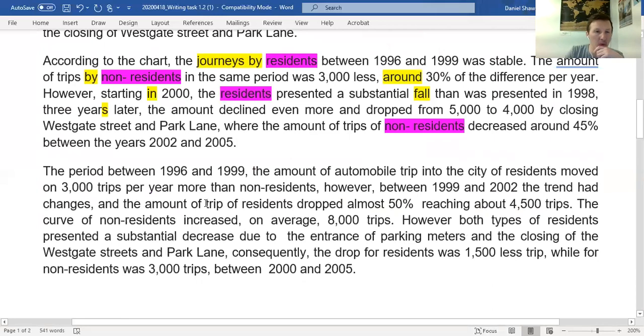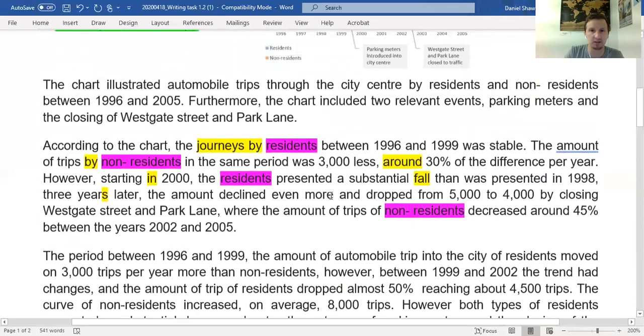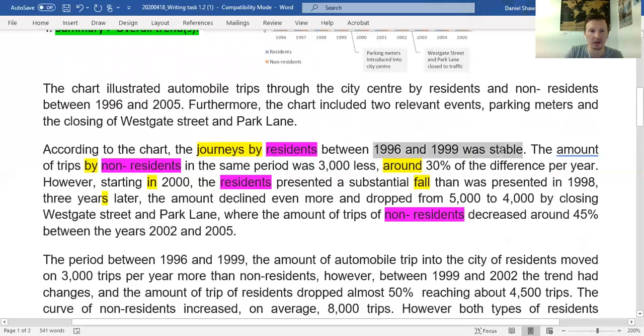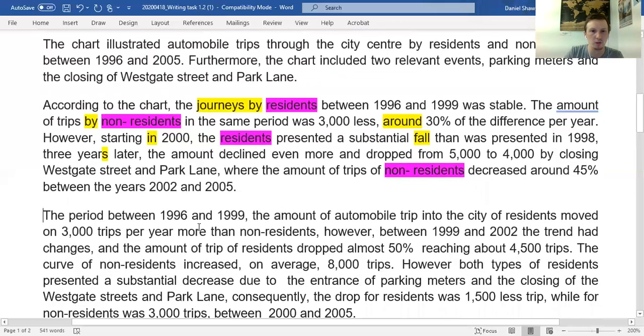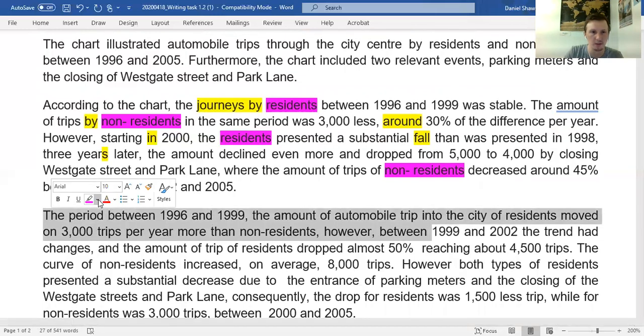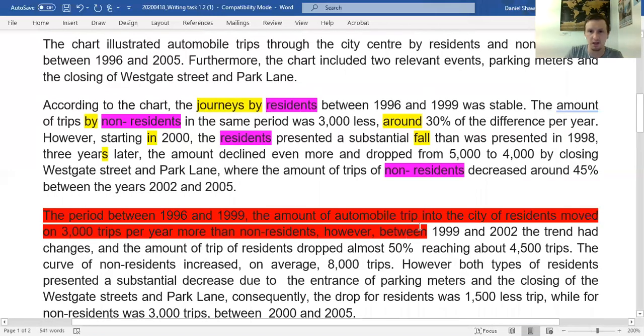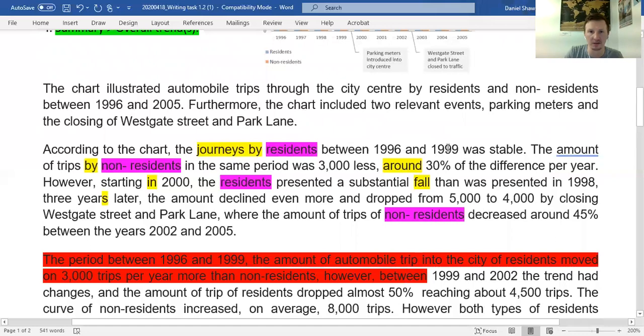Do we need more and more? Maybe not. Let's see. The period between 1996 and 1999. Oh, we've already seen this here. So again, we don't need this. So we can take all of this out. So I'm just going to put it in red provisionally before we continue. 1999 and 2002. Okay, we've got 1996 and 1999.